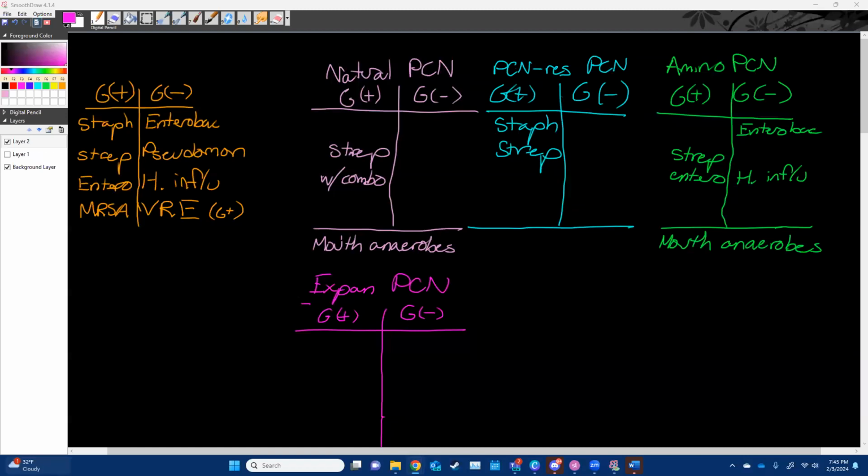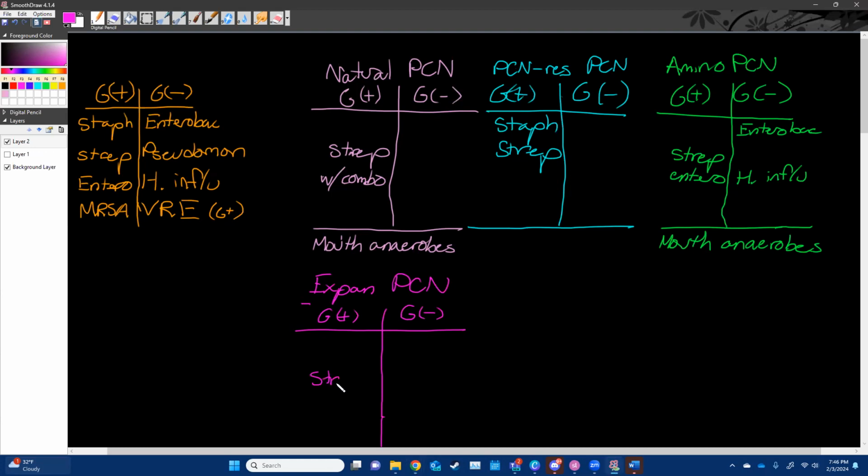So when we look at the expanded spectrum, they're essentially just improved versions of our aminopenicillins. So they cover strep, enterococcus, Enterobacter, Pseudomonas, and H. flu.